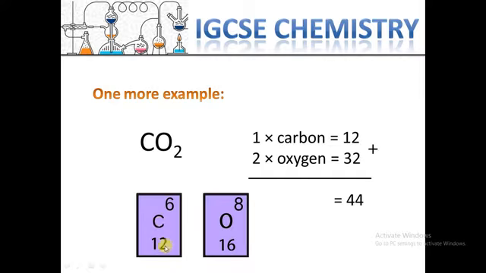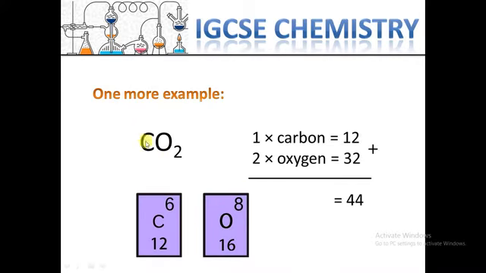But the number below is showing the atomic mass. So if you want the atomic mass for any element, you can check the periodic table. These numbers are the atomic mass.